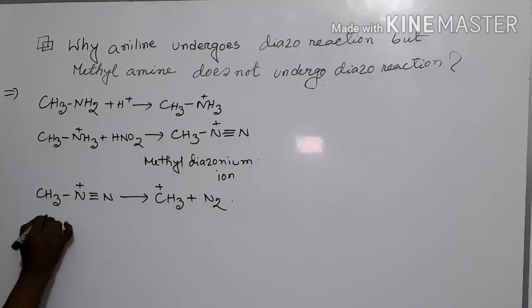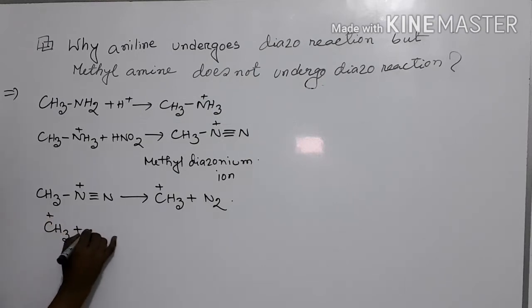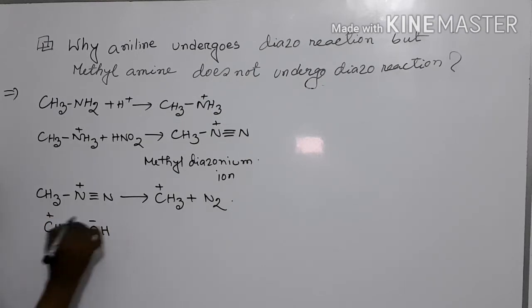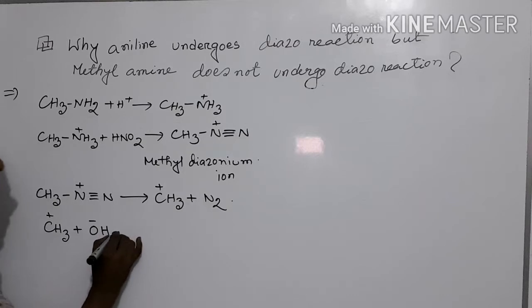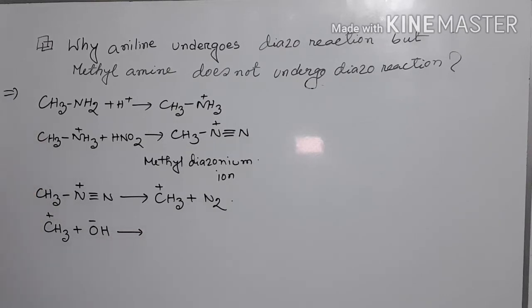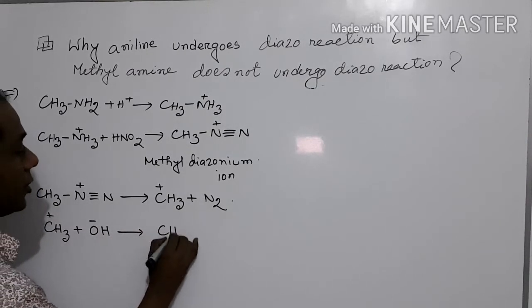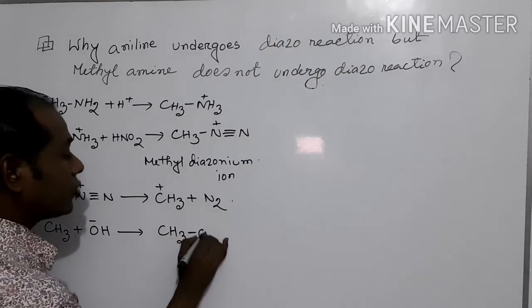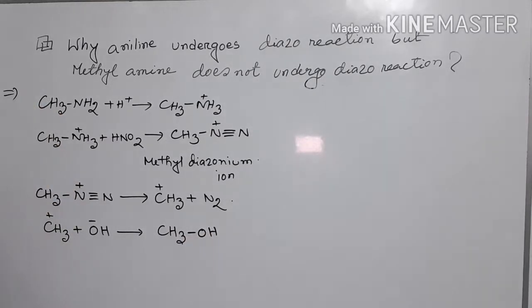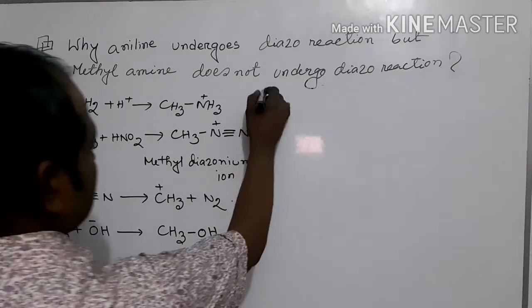This methyl carbocation then reacts with hydroxyl ion present in the mixture and produces methyl alcohol, and that's why we say that methylamine does not undergo diazo reaction.